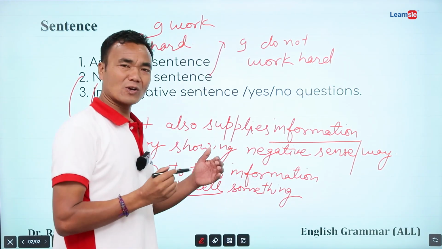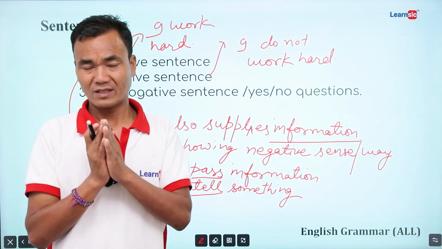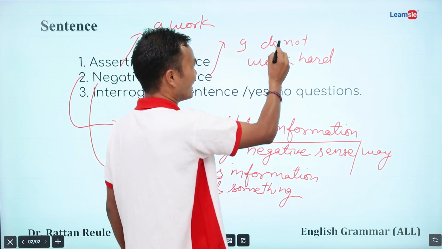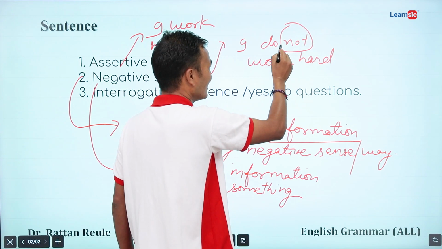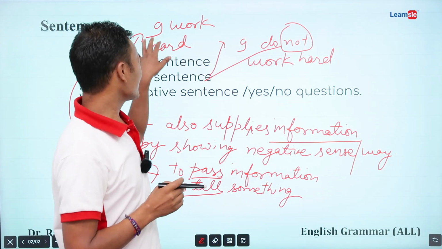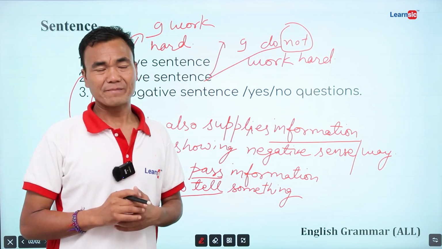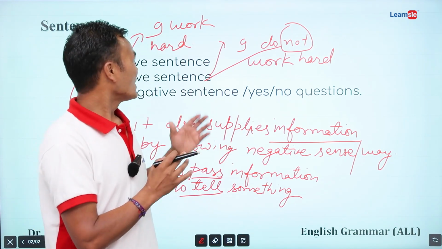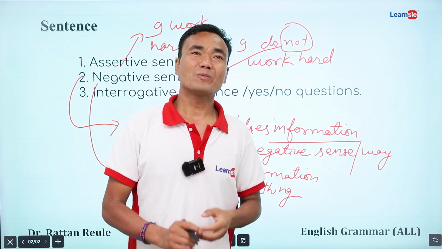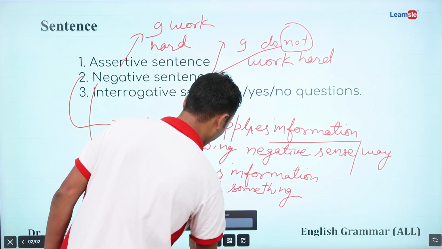The structure of both is almost the same, assertive and negative. The only difference is that in a negative sentence we are using a negative word like "not". In "I work hard", I am passing the information, letting him or her know. In the same way, the negative sentence "I do not work hard" also does that. So basically the function is to pass the information.